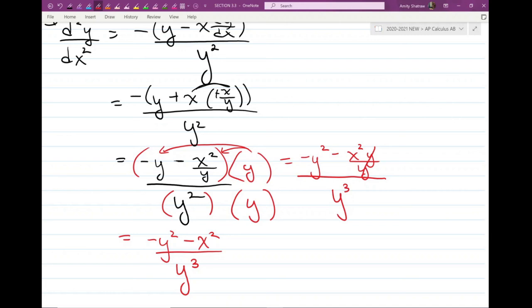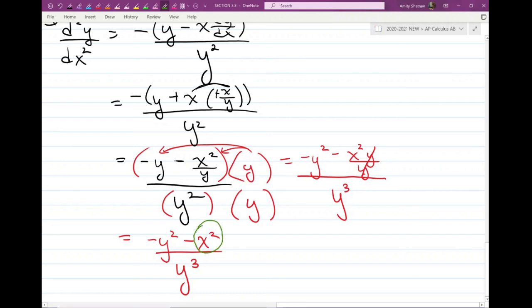So what I want to say is that there is a chance that the AP College Board may have messed around with your mind. If you look at the multiple choice answers, you may find that they have substituted either for y squared or for x squared. In this case, I would say they would substitute for x squared.